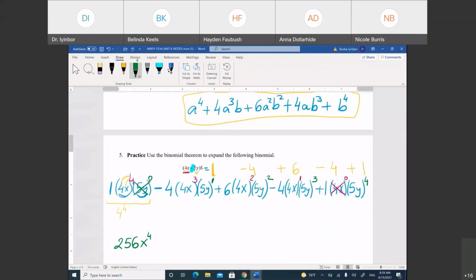Then I have minus. Now let's look at the next term. Here I have to multiply 4 times 4 cubed, and times 5 to the first. So these are the numbers I have to multiply. Everybody see that? I'm multiplying 4 times 4 cubed times 5 to the first.